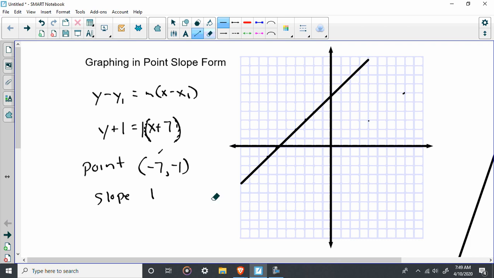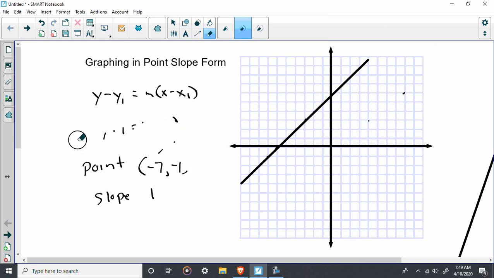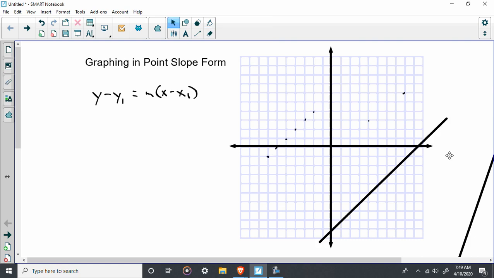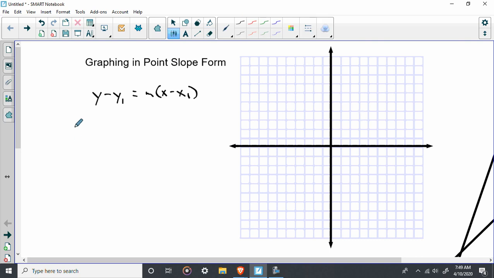So where does this equation come from? It's the slope formula. That's all it is, right? What was your formula for slope? Dig back real hard. Your formula for slope was m is equal to y2 minus y1 over x2 minus x1.